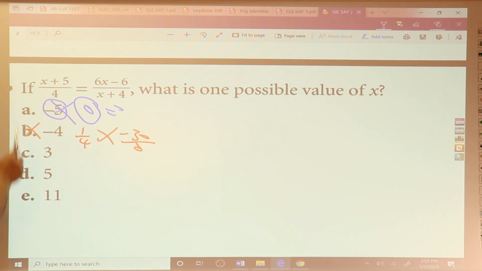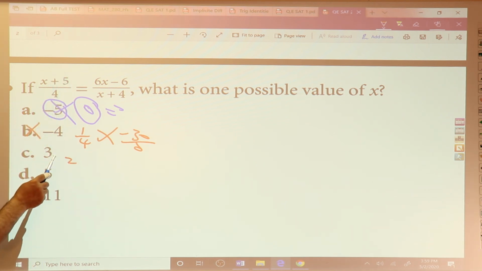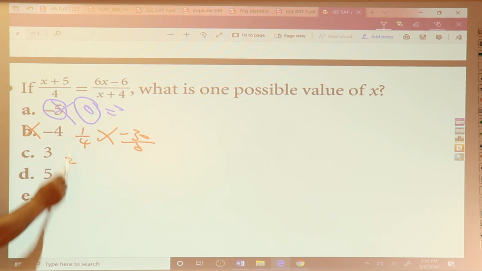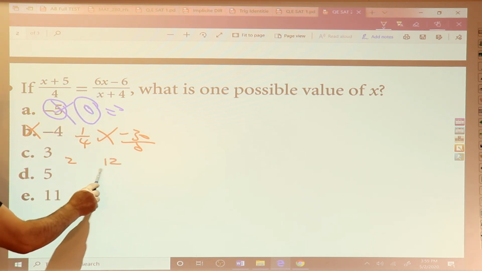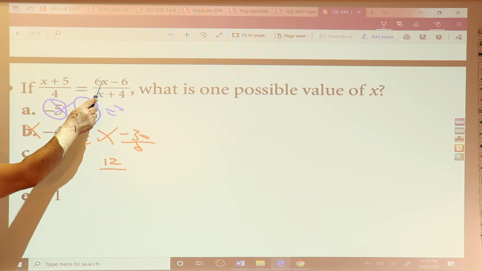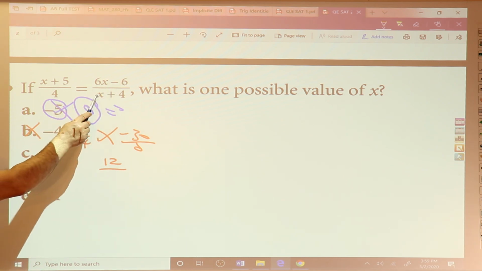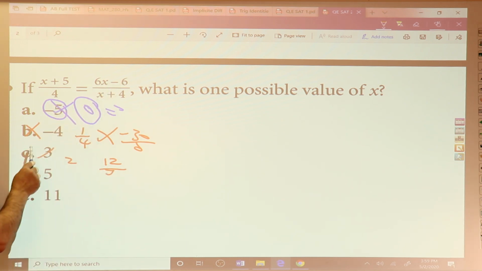Now 3 plus 5 is 8, divided by 4 is 2. 6 times 3 is 18, minus 6 is 12, over 3 plus 4, 7. That's wrong.